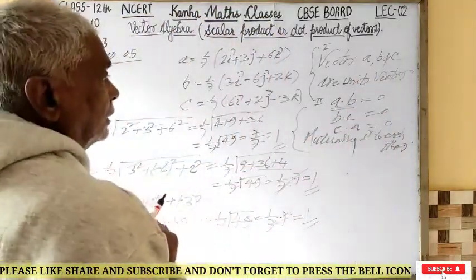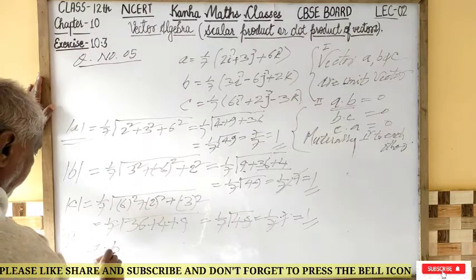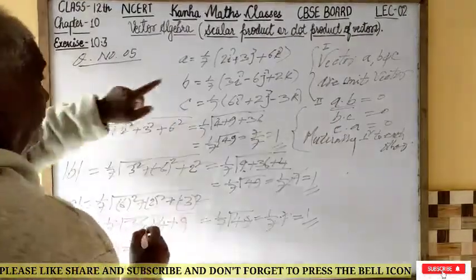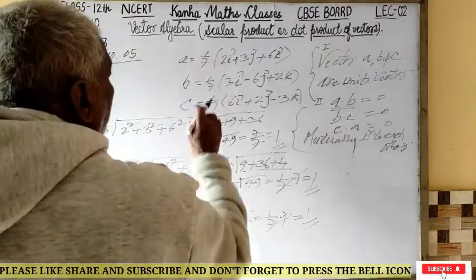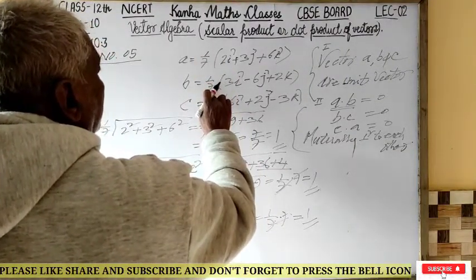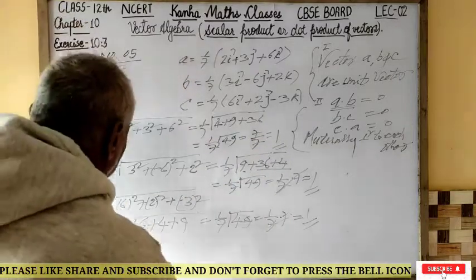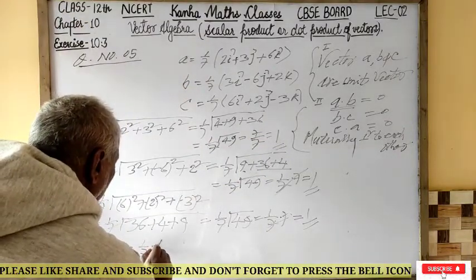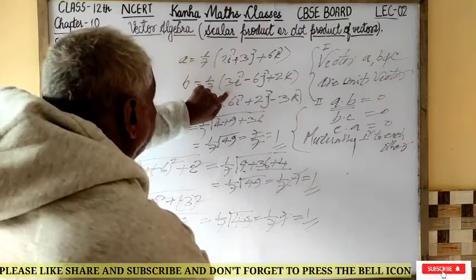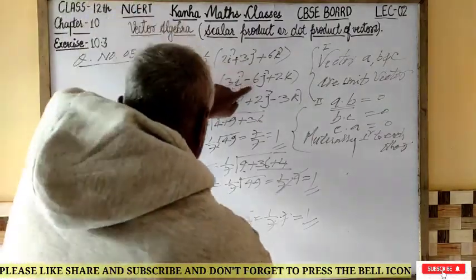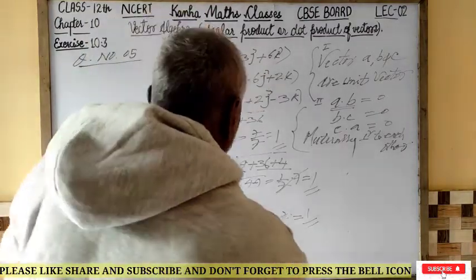Dot product of A and B means 1 by 7 into 1 by 7, times 2 into 3 plus 3 into minus 6 plus 6 into 2.